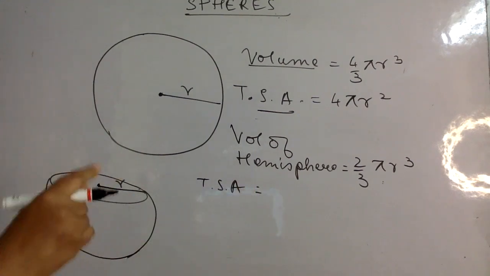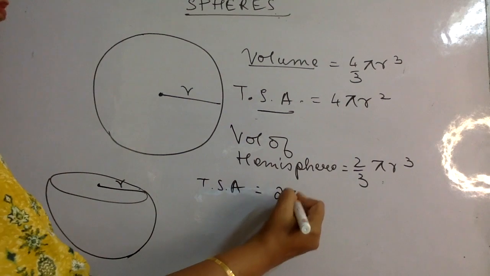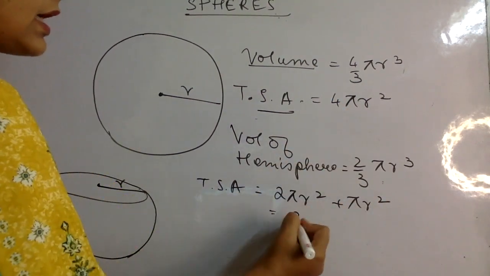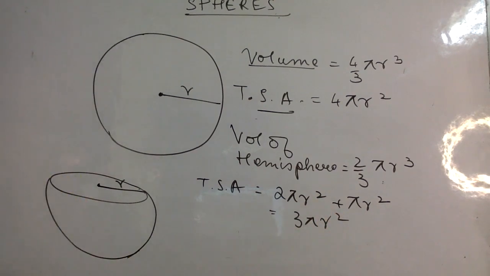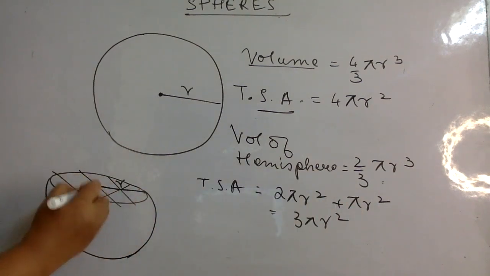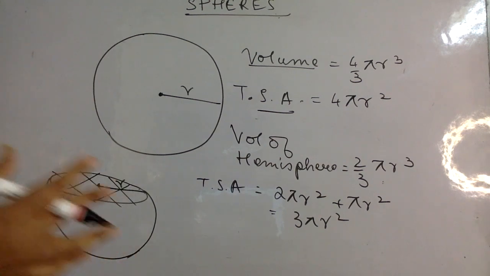Now for the total surface area, we have to pay attention. The total surface area of a hemisphere is 2 pi r square, that is half of this, plus another pi r square, that gives 3 pi r square. Why this pi r square? This is this plane surface, which is pi r square, and the circular portion is 2 pi r square.